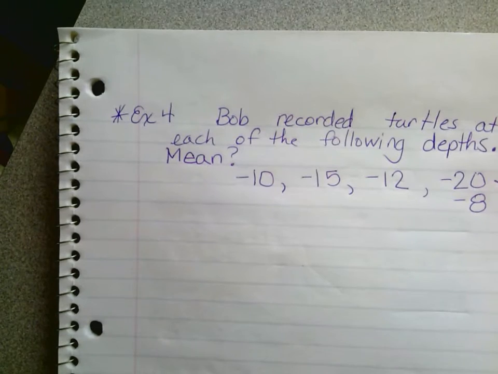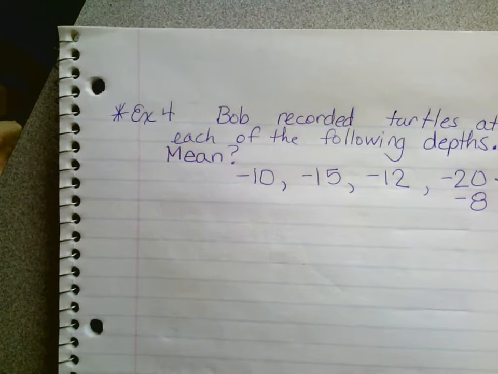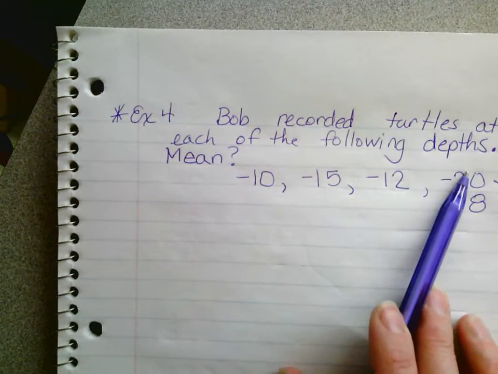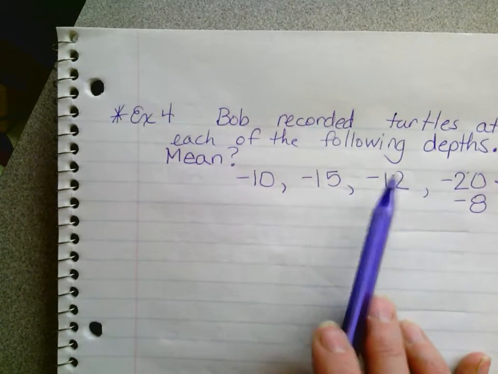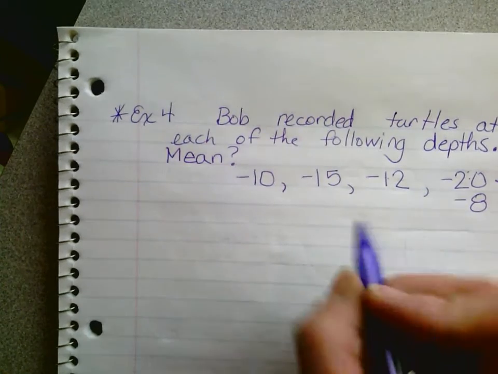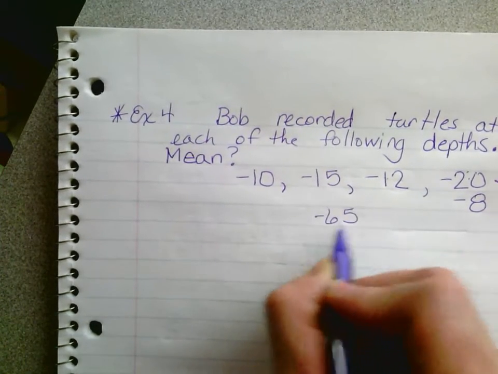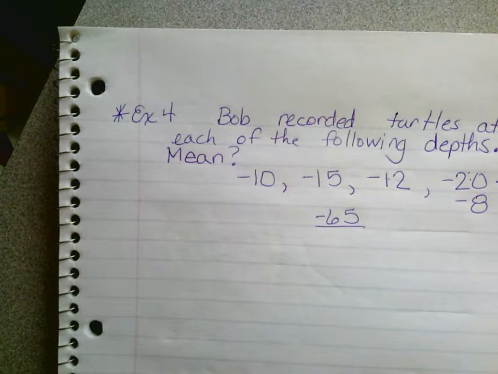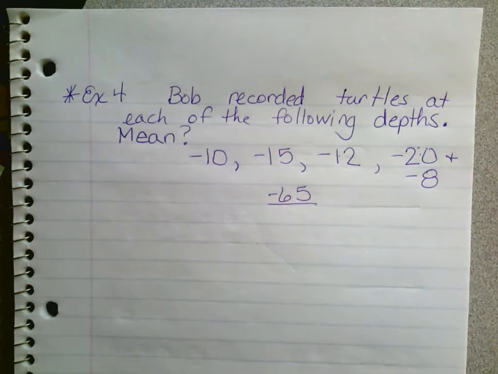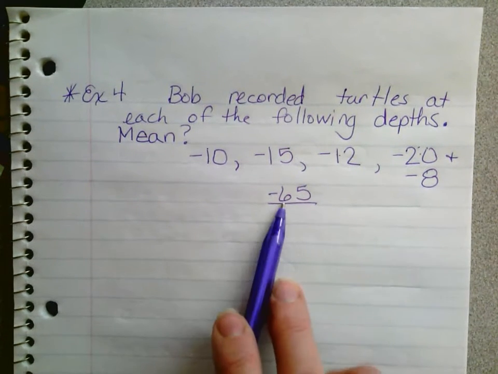So if I wanted to find the mean of this, I simply need to add them together. Should have gotten a -65 if you add them all together, right? Yes? Sorry. The sum is -65.